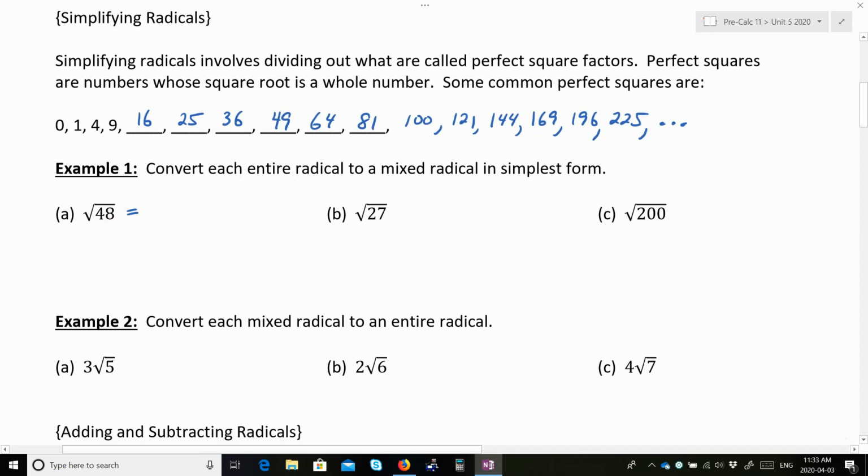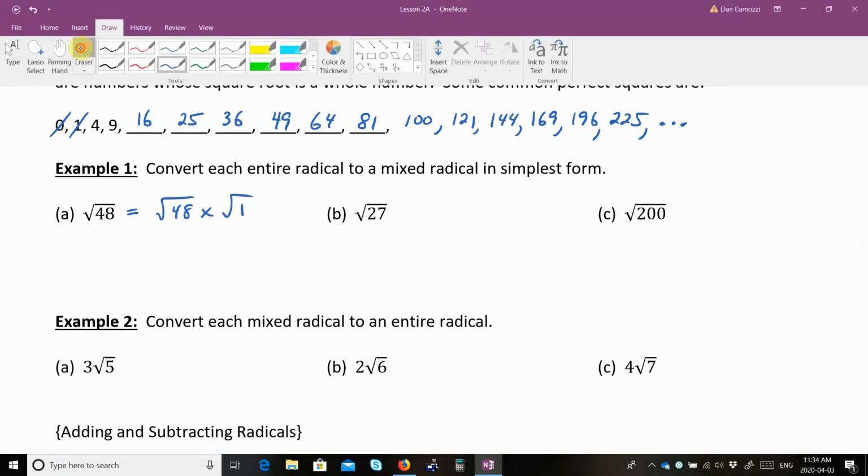Okay, now first thing I should say is we can't divide by 0, so I'm never going to divide by 0. And if I were to divide 1 out of 48, that wouldn't change the 48, so there's no point in looking at those two. Imagine if we went the square root of 48 times the square root of 1, it doesn't change the root 48. So that's why we're not going to divide by 1.